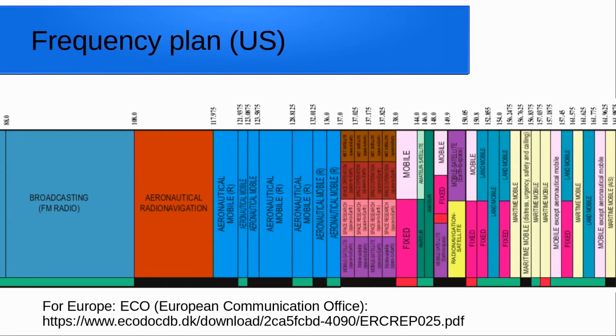For Europe, they have a really huge table. You can find it on the website of the ECO, the European Communications Office. Yeah, it's quite large. But if you want to look at what's probably on this frequency in the air, you can have a look there.